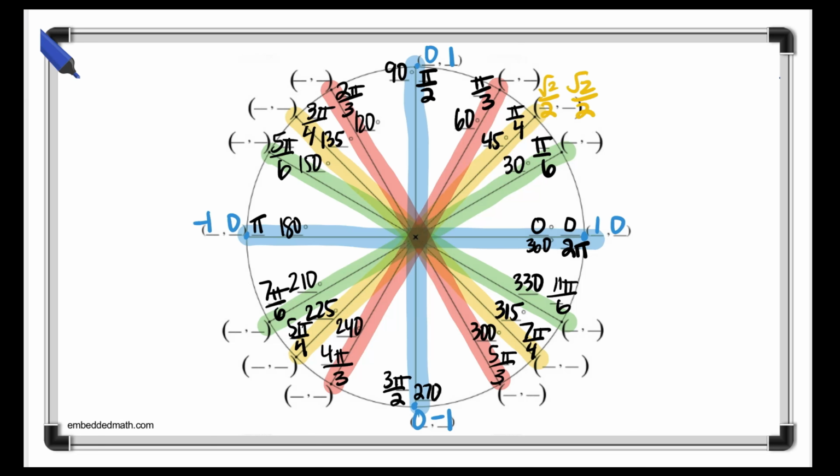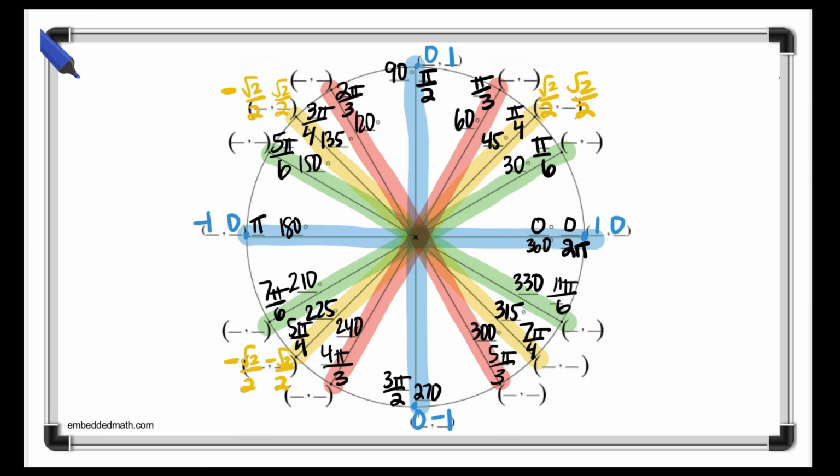Now, when you are dealing with this, what you need to be aware of is every single yellow that you see, the angle is going to have the same x and the same y. Now, the only thing that's different is that in quadrant 2, my x will be negative. In quadrant 3, my x and my y are going to be negative.